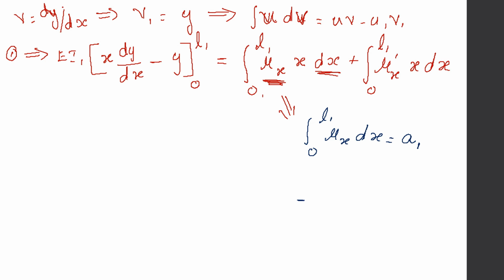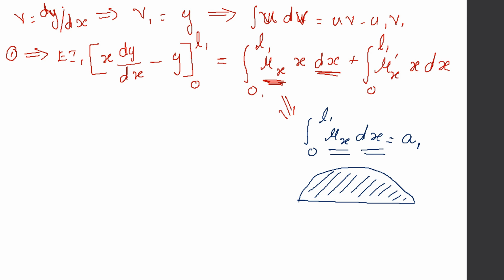In this diagram, it is the area of this moment diagram. Area of this simple moment diagram is integration of 0 to L1 mu x into dx, because moment into small distance represents the diagram. When you integrate, this is the whole area.